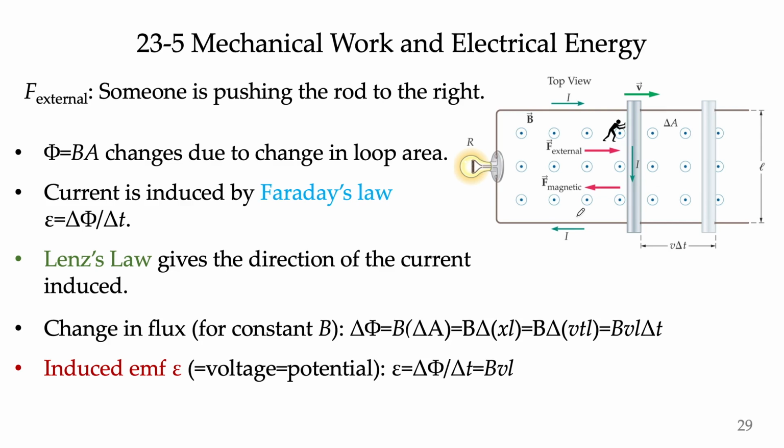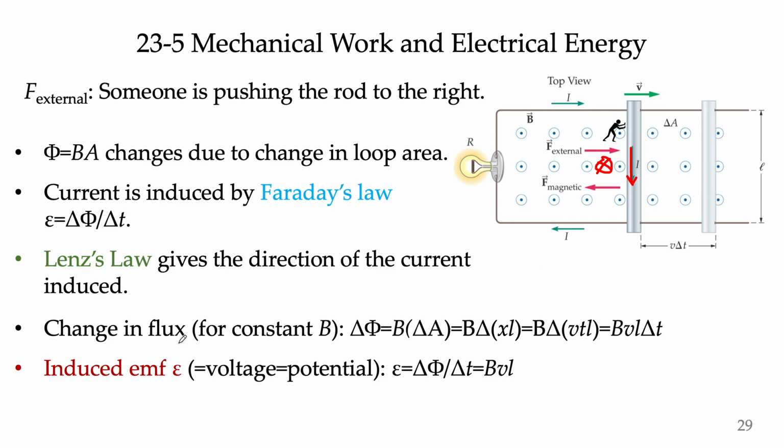To decrease the flux, because the magnetic field lines are out of the page, the loop will create a magnetic field into the page. So the induced magnetic field lines will be into the page. To create magnetic field lines into the page inside the loop, use the second right-hand rule and you will find that the current should be in this direction. So this is Lenz's law.